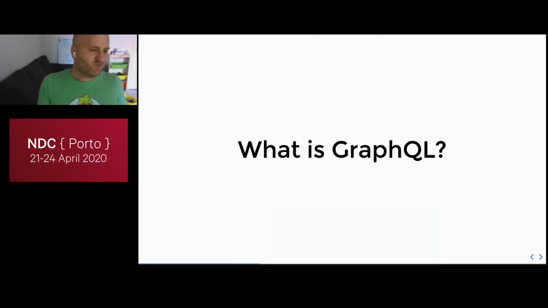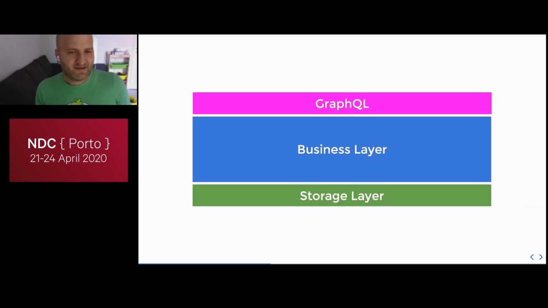So what is GraphQL actually? GraphQL is a query language for your API, and runtime to execute those queries. And in an ideal world, or that's actually how Facebook did it, you would put a very thin layer of GraphQL over your business layer.